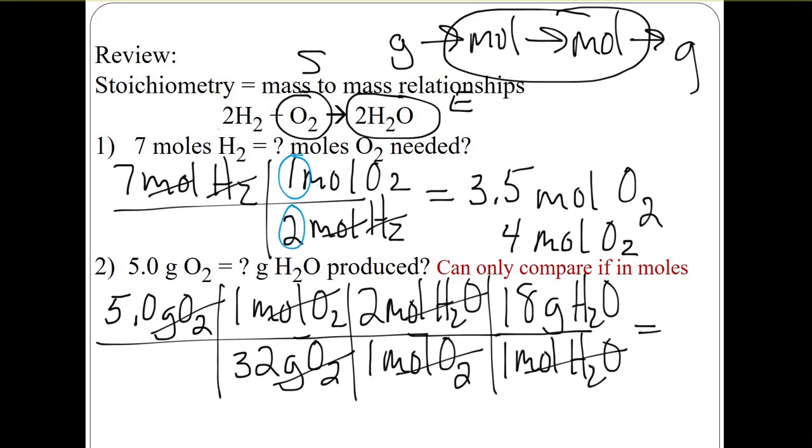So I will have my final unit as grams of water. And so now it's just a matter of doing the math. So I'm going to take 5 times 1 divided by 32 times 2 divided by 1 times 18 divided by 1, and I get 5.6 grams of water.